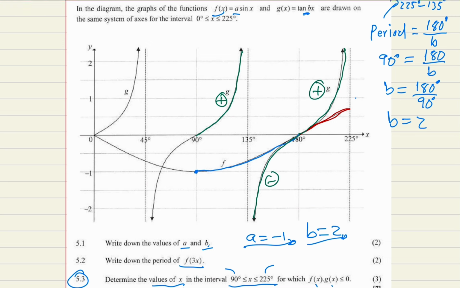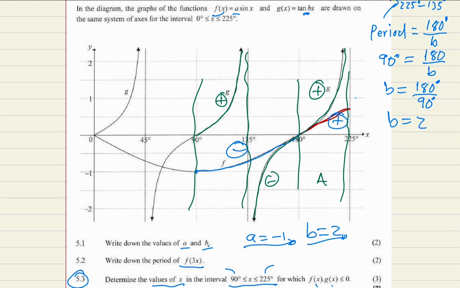Then looking at the F here it is negative, and here it is positive. Now I'll draw a line here, and another line here, and another line here. We have A, we have the whole of B. Oh, sorry. We have B, we have C.